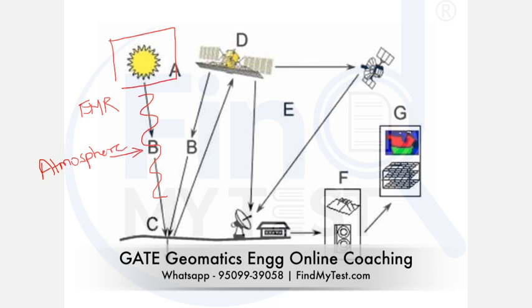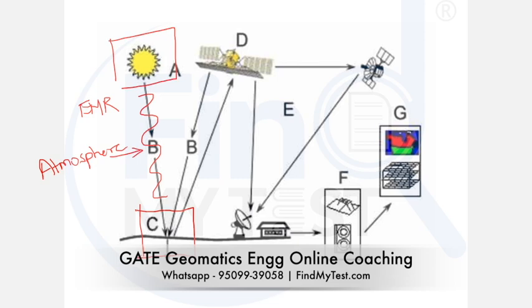Here it interacts with the atmosphere, and the waves may not be in the same form as they were when emitted. They may get scattered due to the particles in the atmosphere, so they may not remain in the same form. So it hits the target, that is C, our Earth surface.